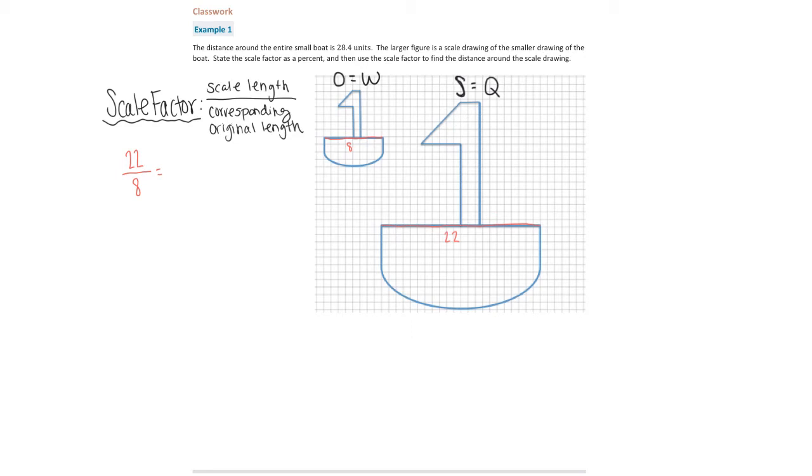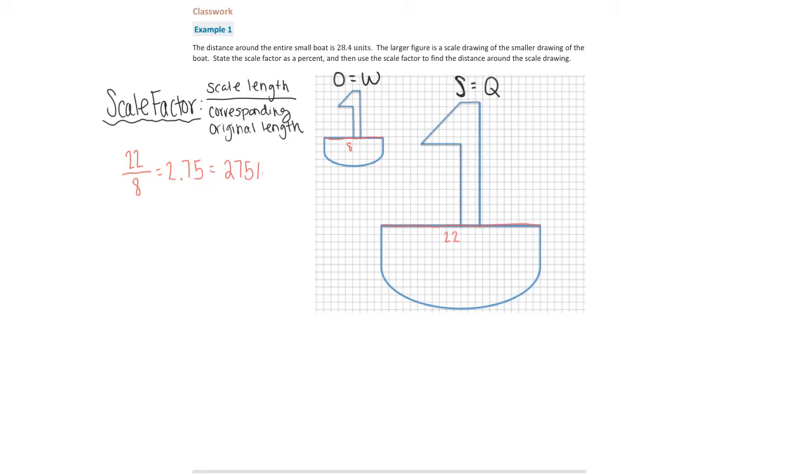Okay, and you would have got 2.75. Now, we need to write that as a percent. So the percent of the scale factor is going to be 275%. Okay, and we got that because we moved the decimal over to the right twice.